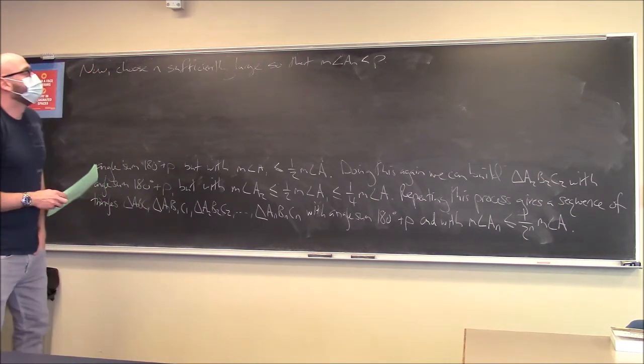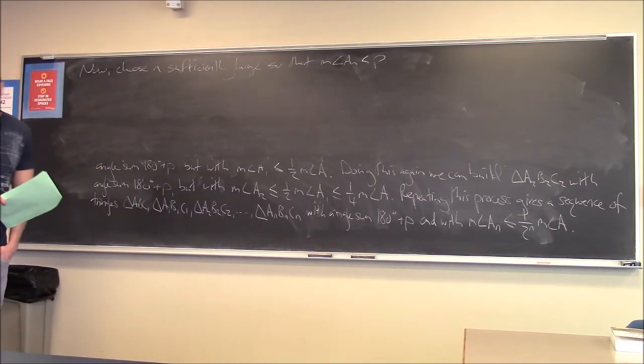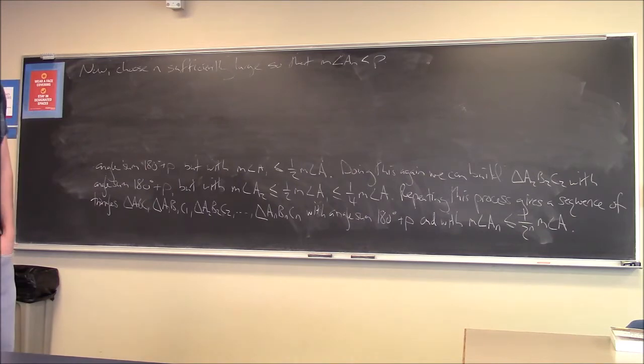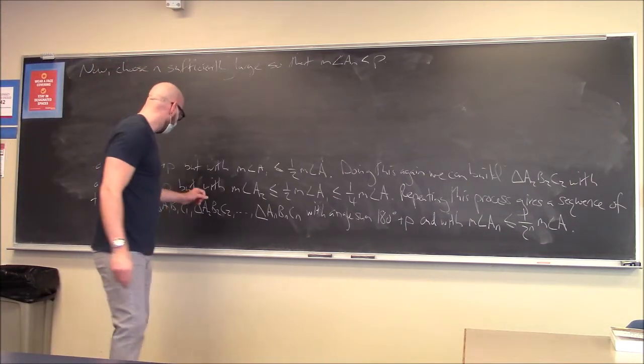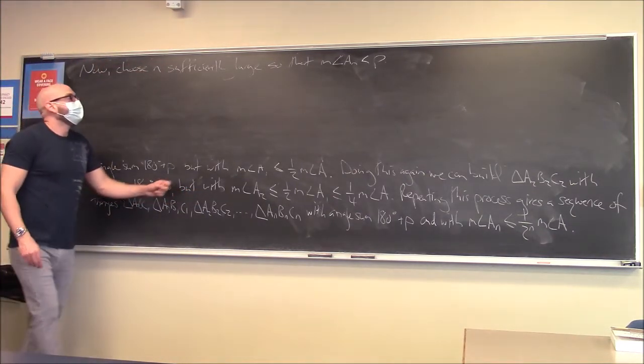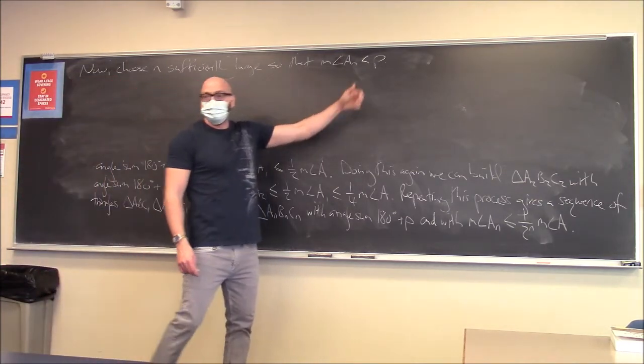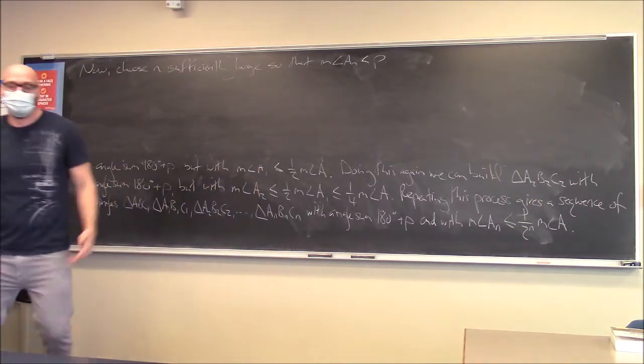What does that mean the other two angles in the triangle have to add up to? Remember, the three angles altogether, the angle sum is 180 plus p, right? If one angle is less than p, then the other two have to be bigger than 180, right?